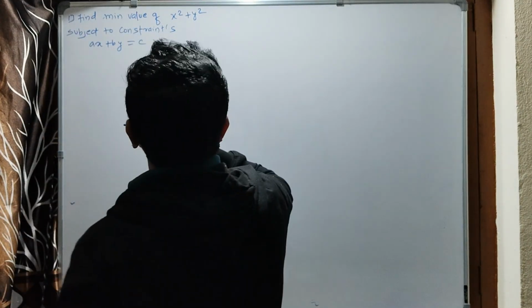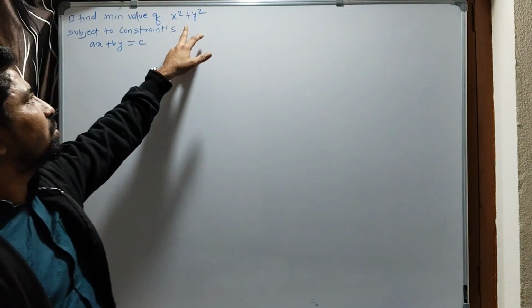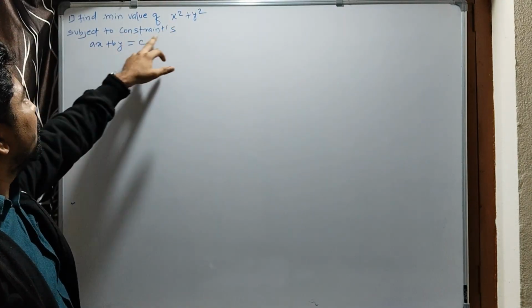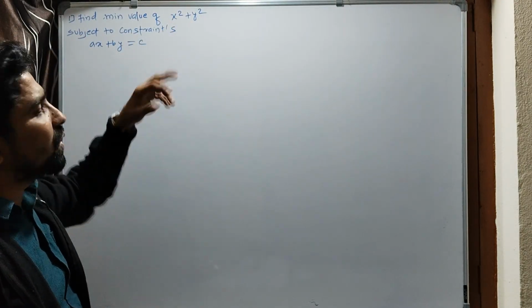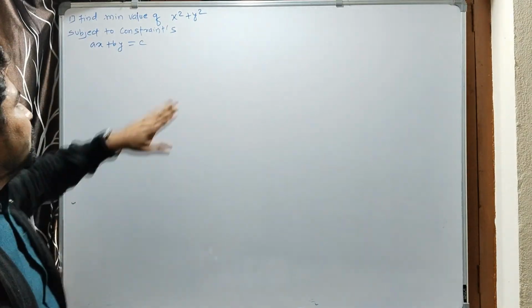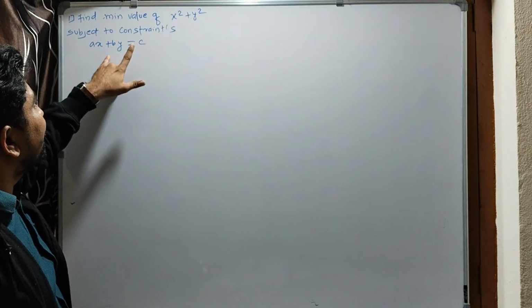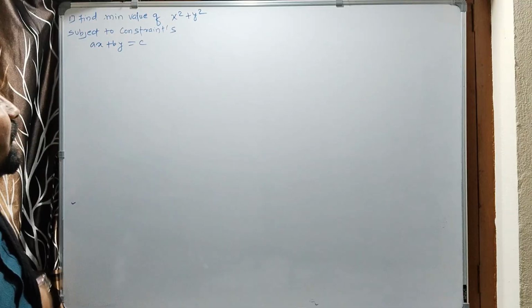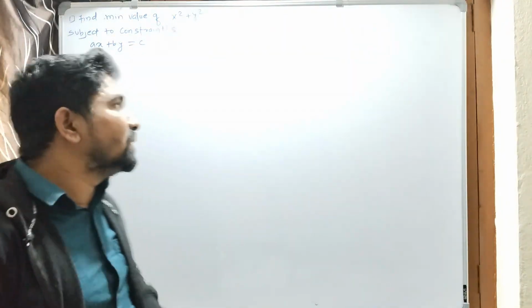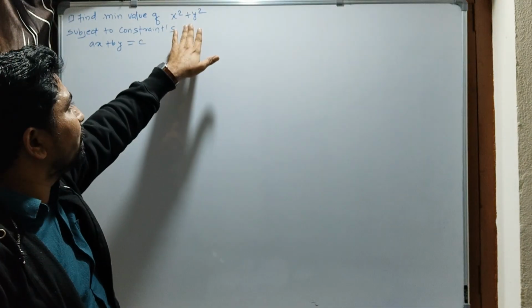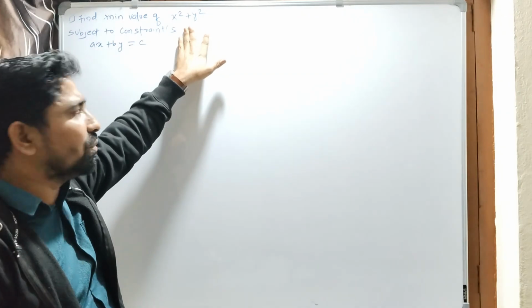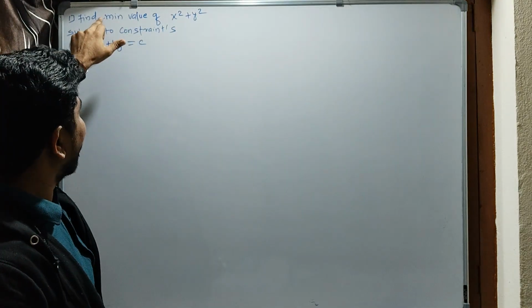Find the minimum value of the function x square plus y square subject to the constraint ax plus by equal to c. This is my objective function and this is my constraint. My aim is to find x, y such that the function x square plus y square is either maximum or minimum, but in the question they are saying find the minimum value.